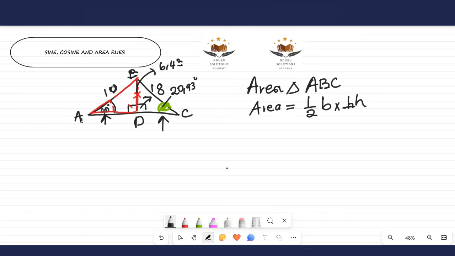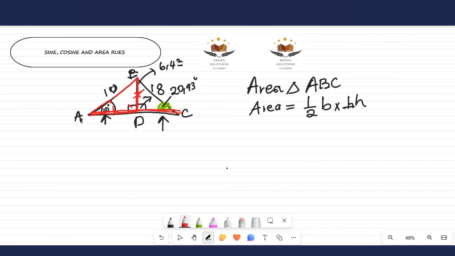So if we were to take AC as our base, because already we have the perpendicular height, BD, this will be our height. So we have BD, but we don't have AC.